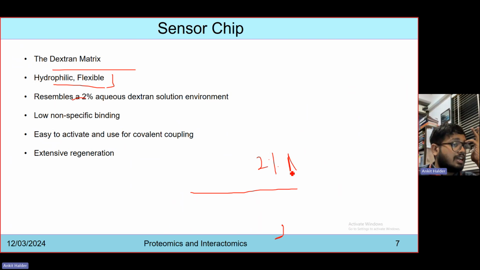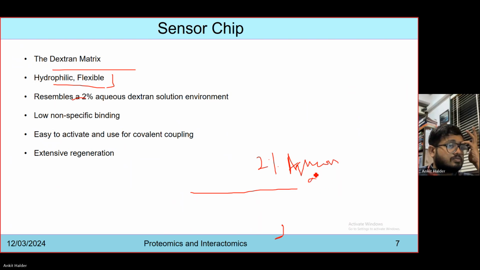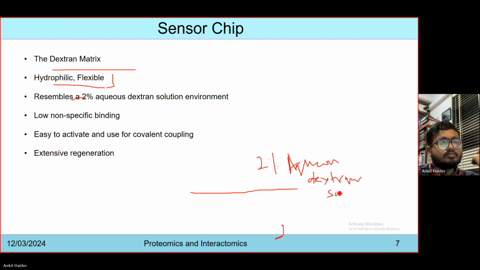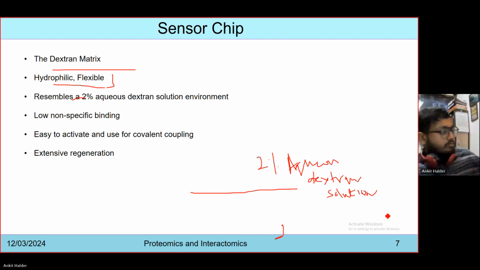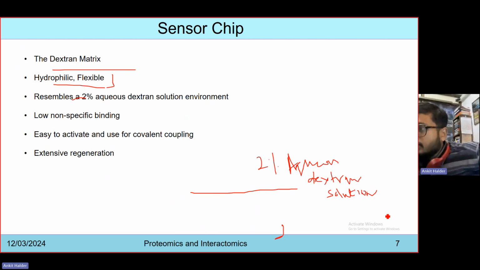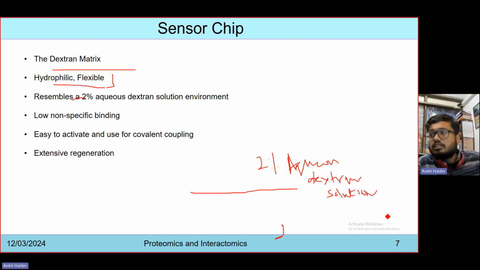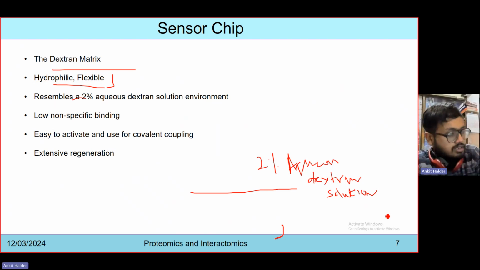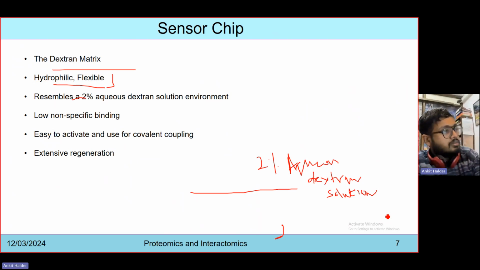If you make a 2% aqueous dextran solution, it resembles those.